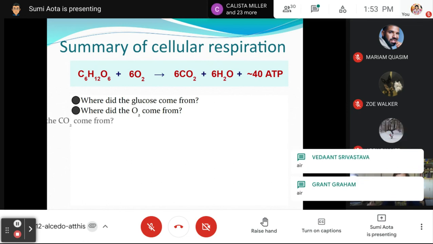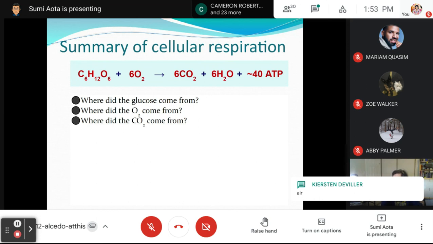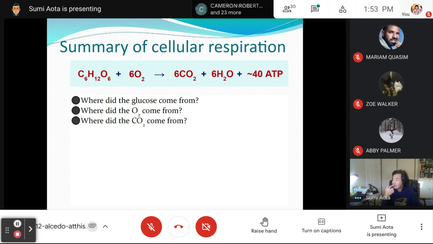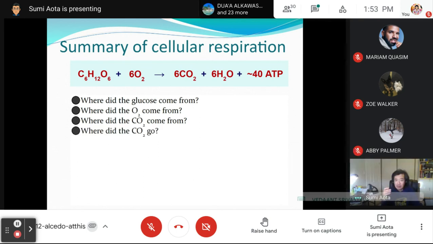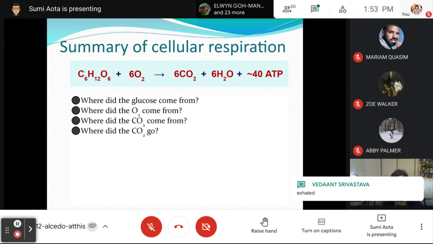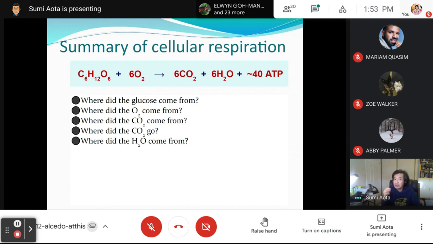Atmosphere. Where does the CO2 come from? It comes from the carbohydrate, from the food. Where does the carbon dioxide go? Exhaled. Where does the water come from?